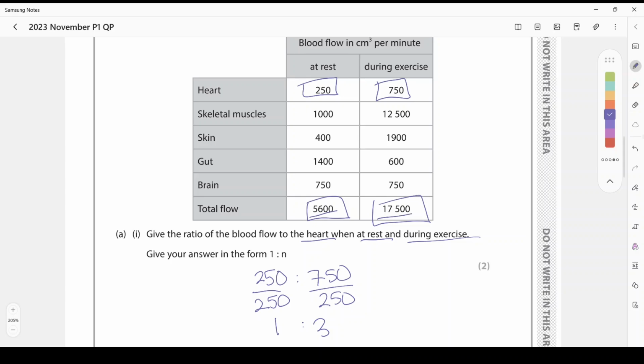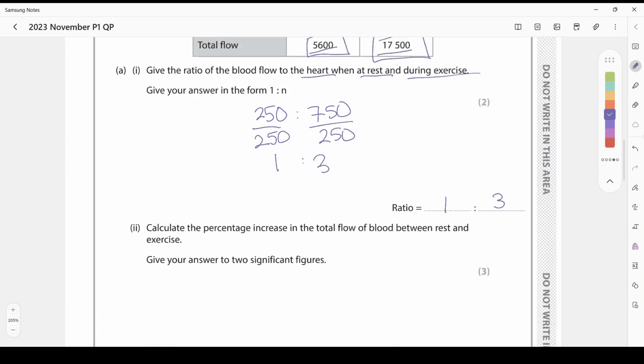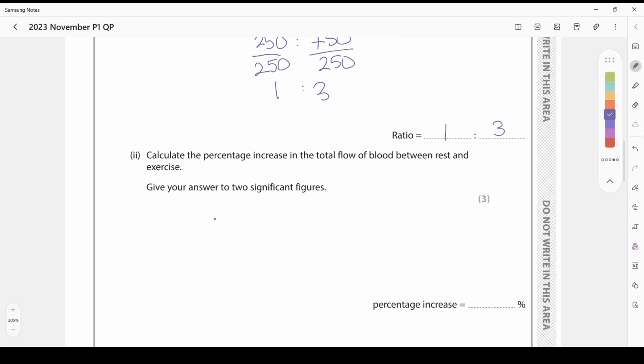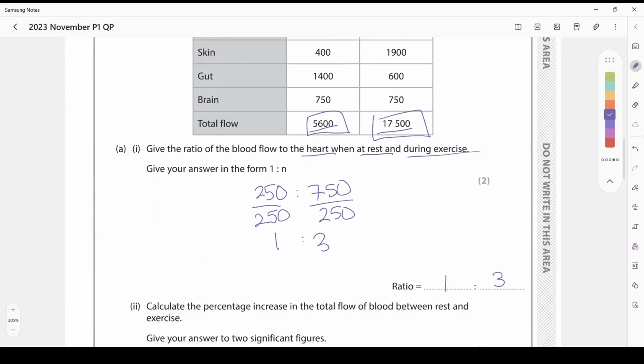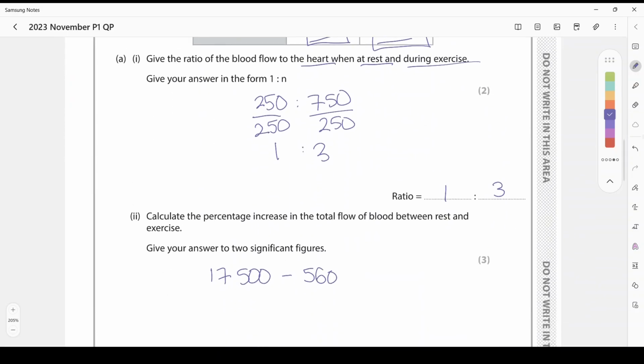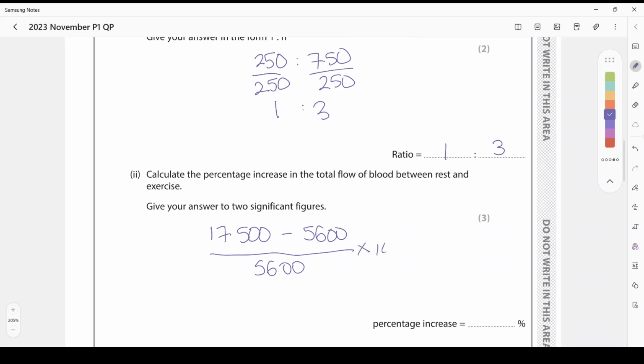We find the difference, so this minus 5,600, and then we divide it by 5,600 because that's the original value. And then we times that by 100 to get a percentage. So let's type that in the calculator.